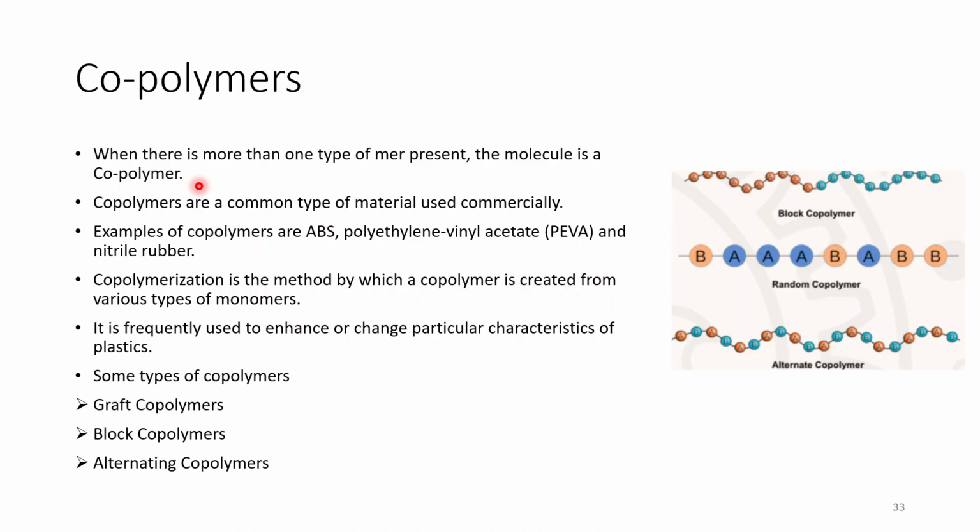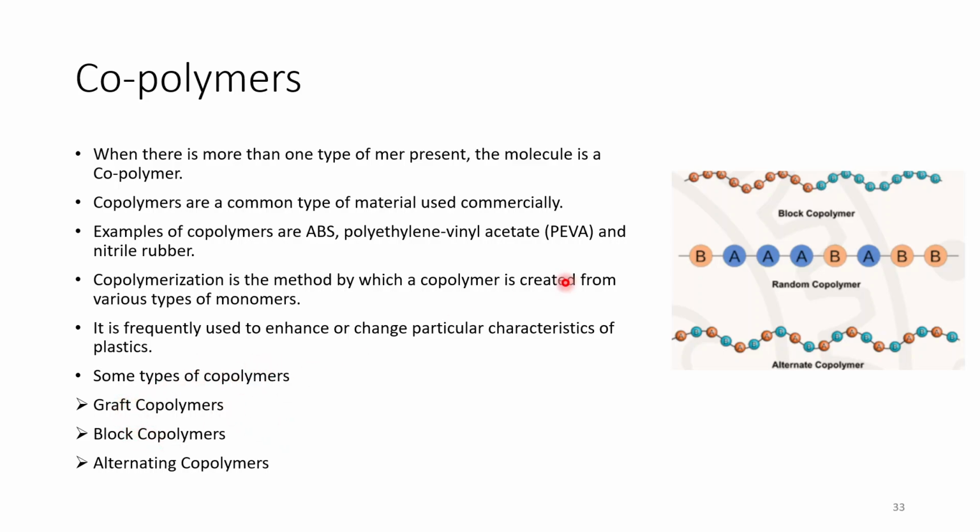Some types of copolymers include graft copolymers and block copolymers and alternate copolymers. So in case of graft polymers, you'll be grafting other polymer chains onto the initial A type of polymer.